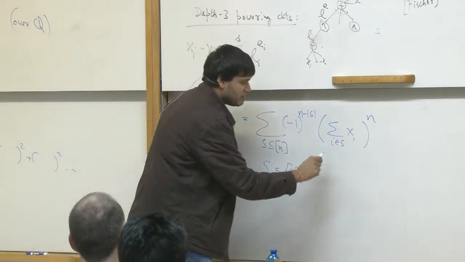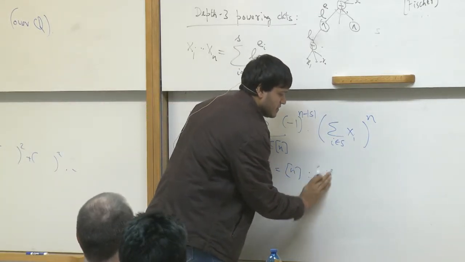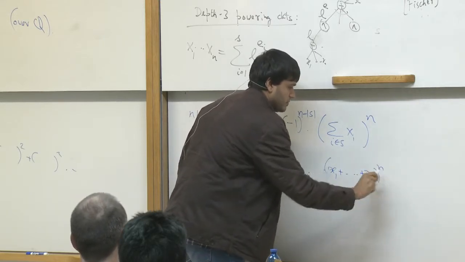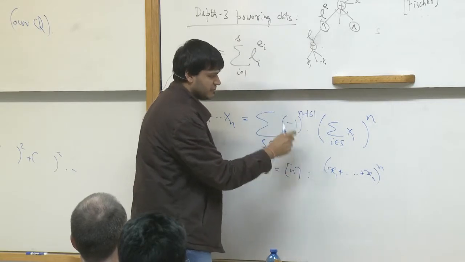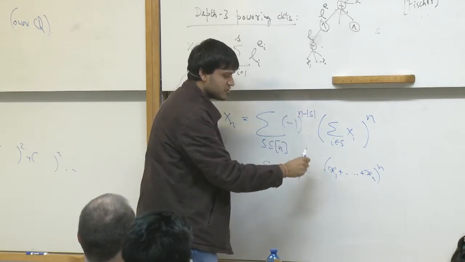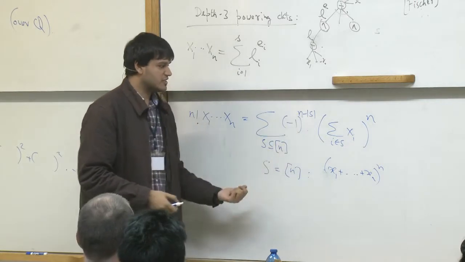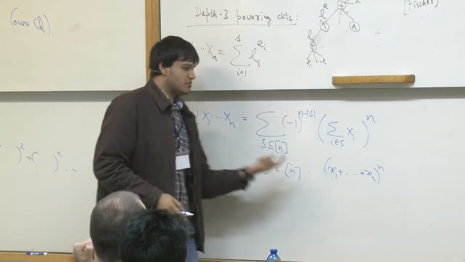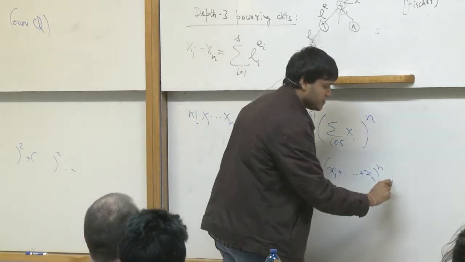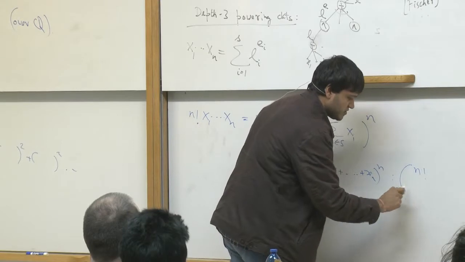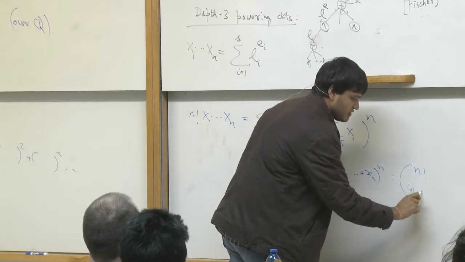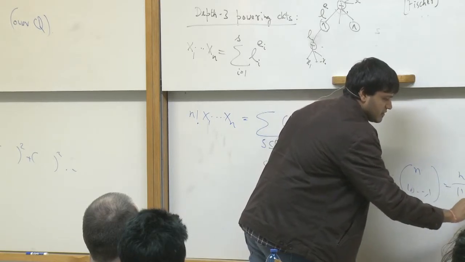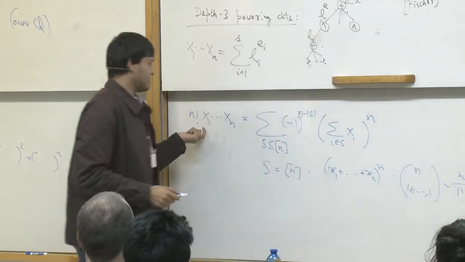In particular, this term will be multiplied by (-1) to the n minus |s|, which is 1, because |s| is n. And what is the coefficient of this monomial here? It's just the multinomial coefficient in which you are taking 1, which is n factorial, which is exactly this.